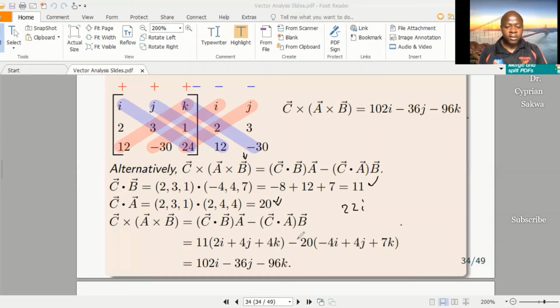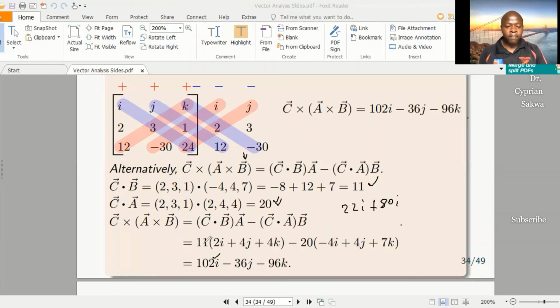And this is negative 20 times negative 4i, which gives you positive 80i. So this gives you 102i.